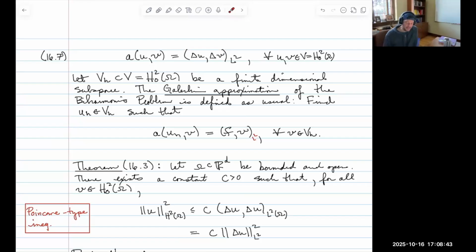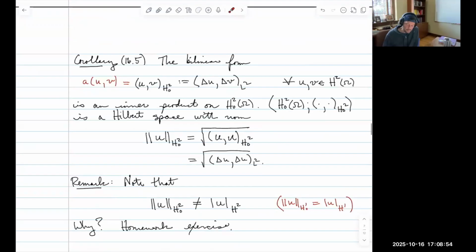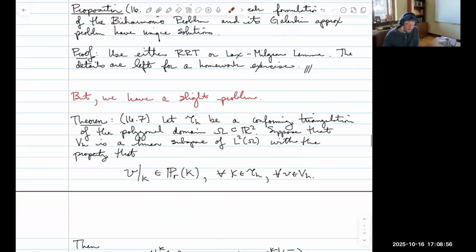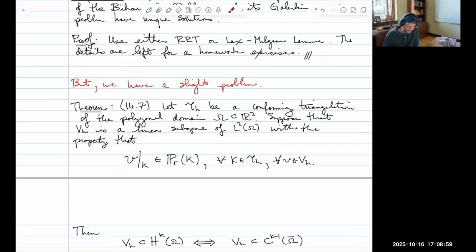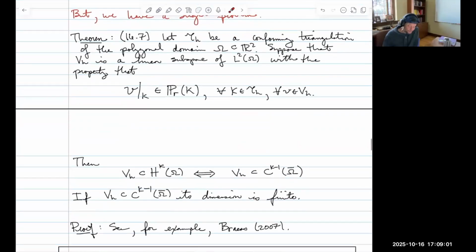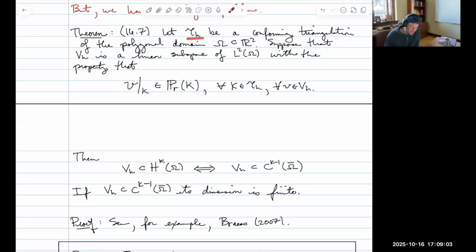Piecewise polynomial spaces are easy to build such that they are subspaces of H01. But in the case of H02 or H2, that's a problem because they're not easy to build. So let me show you why. Let tau_h be a conforming triangulation of the polygonal domain omega in R2, for example. You can also do this in R3 and any dimension, really.